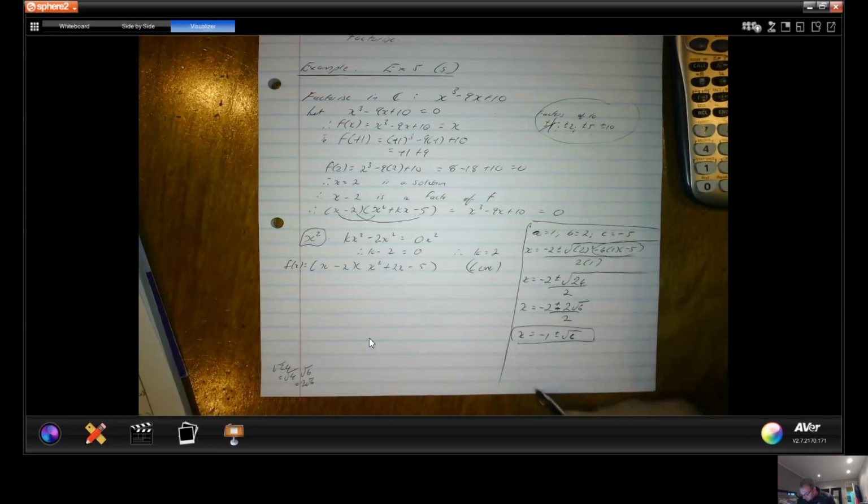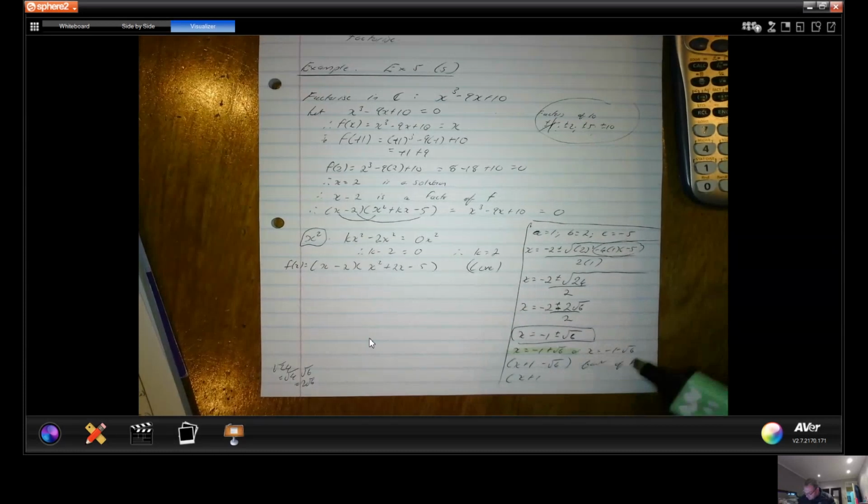Your solutions: x is equal to minus 1 plus minus root 6. Which means what are your factors? Move them to the other side.